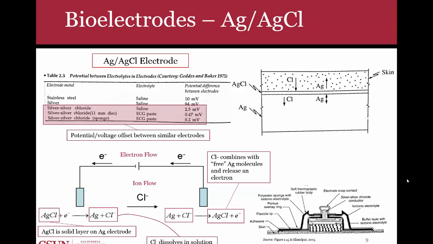So that's how you're able to actually measure an ECG signal. And remember that we're using silver chloride, so when you're measuring the voltage differences between like the left arm and the right arm for the ECG, you're only going to have 2.5 millivolts of noise, which is great in terms of minimizing the amount of noise that's in your signal.